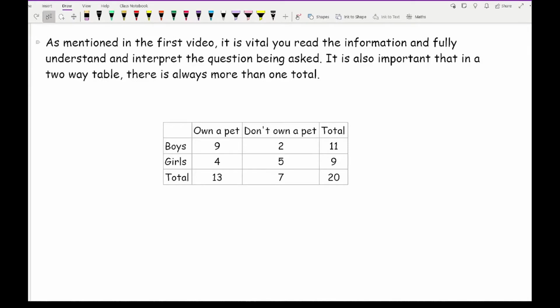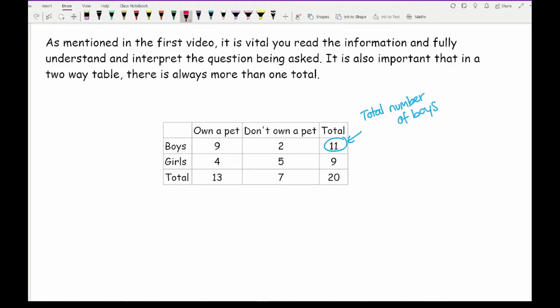Now, as mentioned in the first video, it is vital that you read the information and fully understand and interpret the question being asked. It is also important that in a two-way table there is more than one total. So for example, this total here represents the total number of boys.